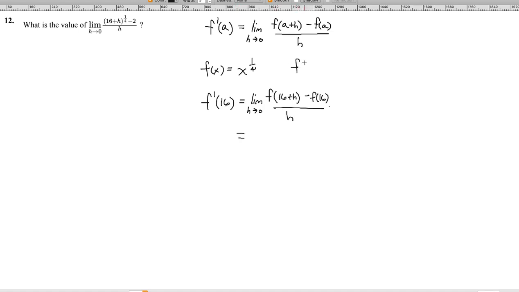Well, f of x is x to the 1/4, so f of 16 plus h is equal to 16 plus h to the 1/4. And f of 16 is just 16 to the 1/4, which is the 4th root of 16, which is 2.